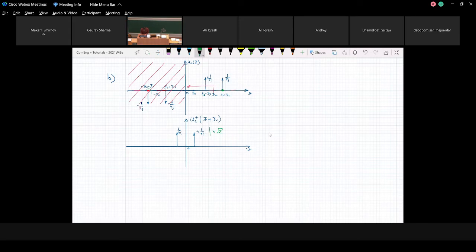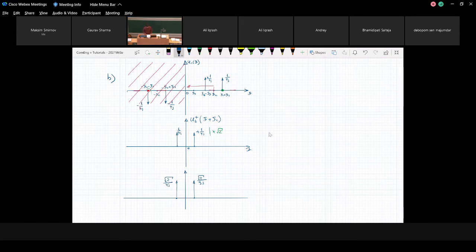As a result, we have square root of 2 over 4j, and for the other delta pulse, square root of 2 over 4j as well.